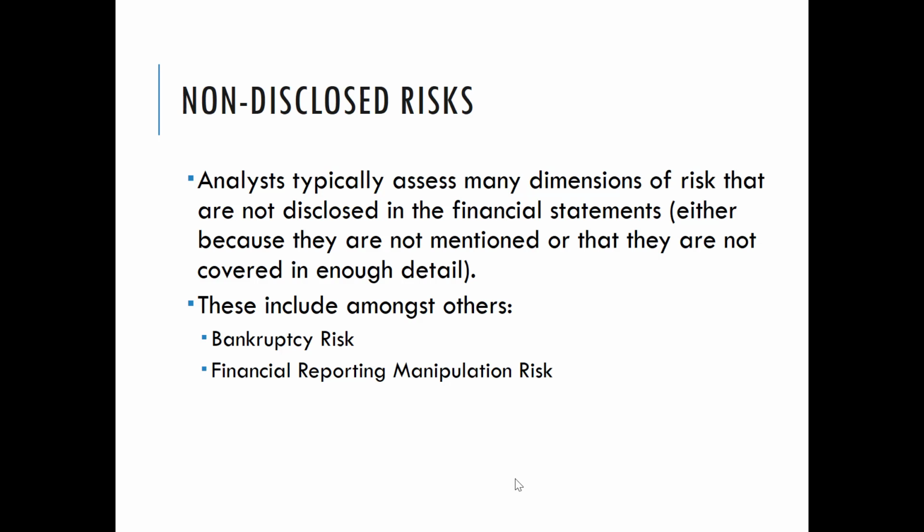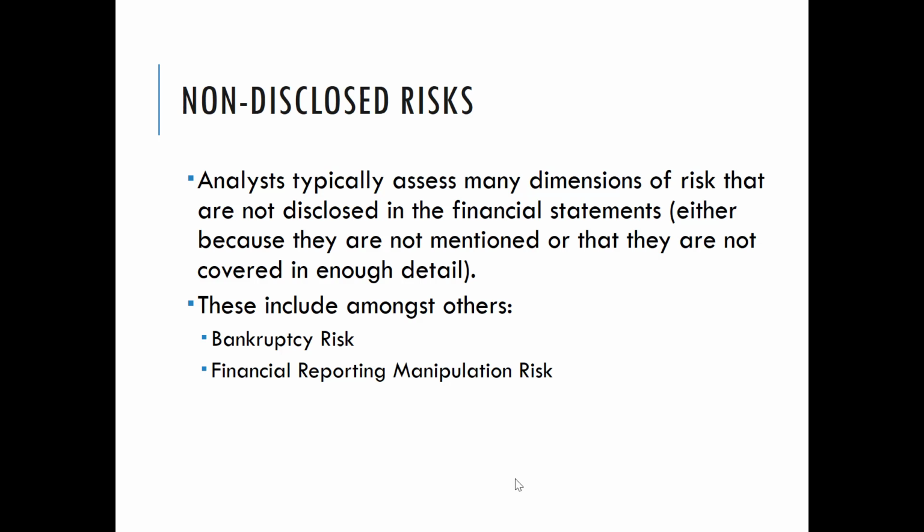So if you wanted to figure out the risk associated with financial reporting manipulation, what you can instead do is use a quantitative model that tries to predict the probability of this occurring. It's not going to be a perfect prediction, but based on past relationships and how companies in the past who manipulated their earnings behaved, you can use this behavior as a model and see if it fits your particular business and how probable it is that your business might be manipulating its earnings.